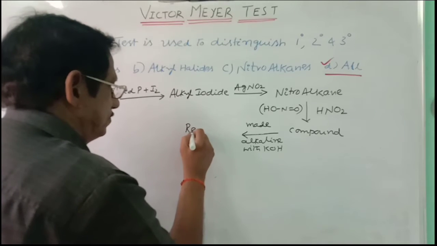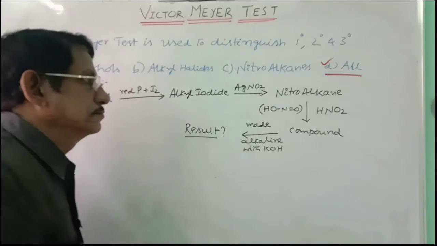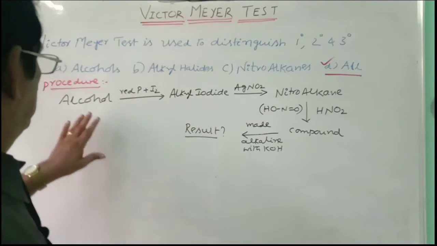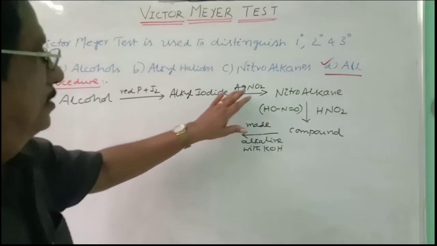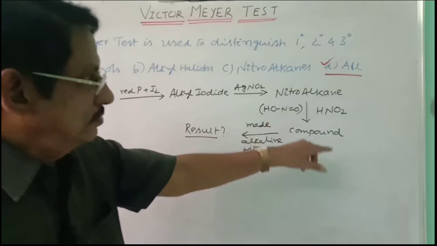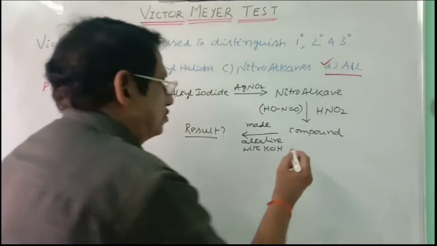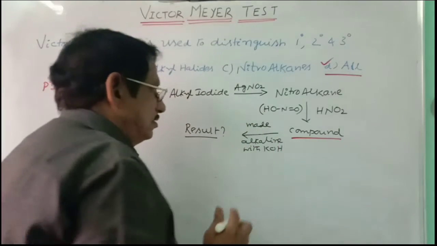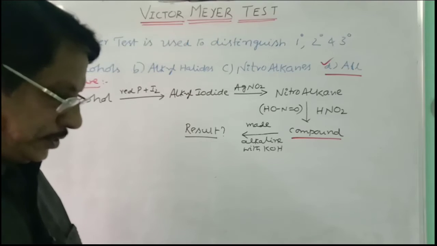What is the result here? So, alcohol is treated to give alkyl iodide. Alkyl iodide is converted into nitroalkane. Nitroalkane is further treated with HNO2. A compound is obtained here, and that compound is made alkaline with KOH. This is the procedure you have to adopt.